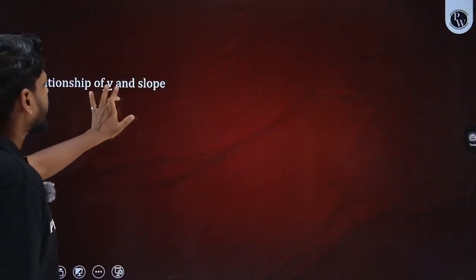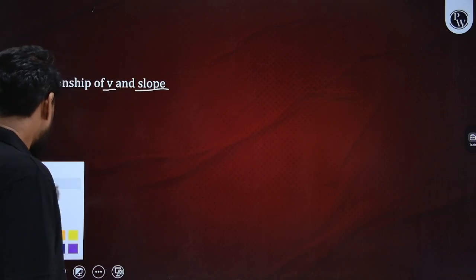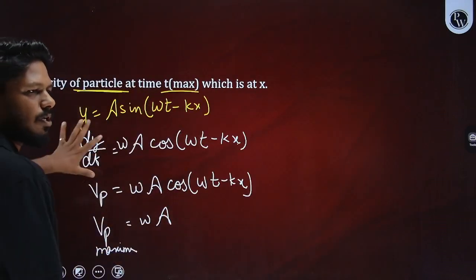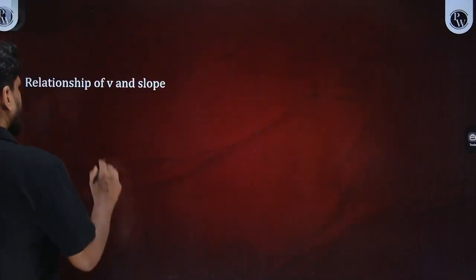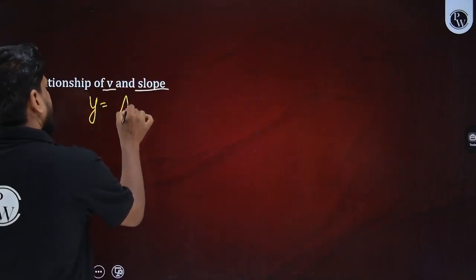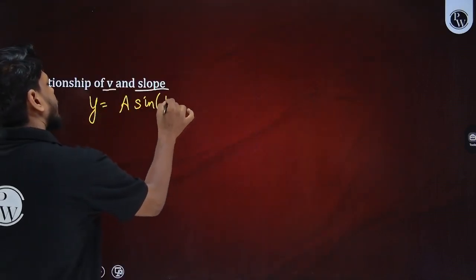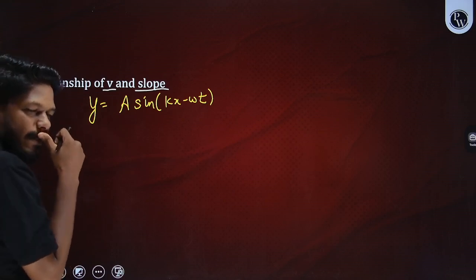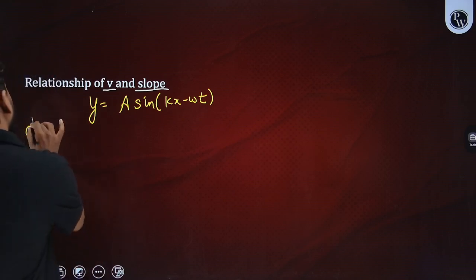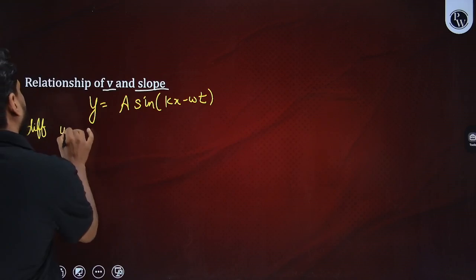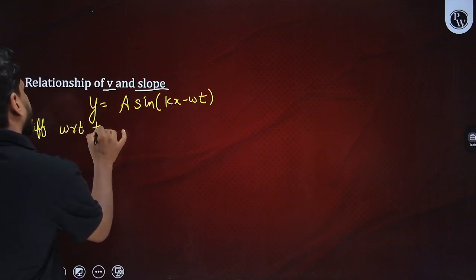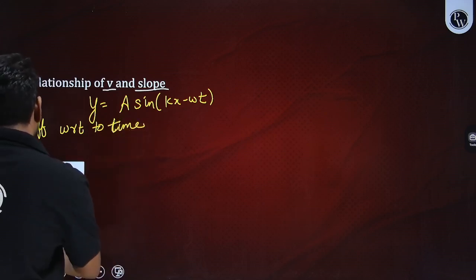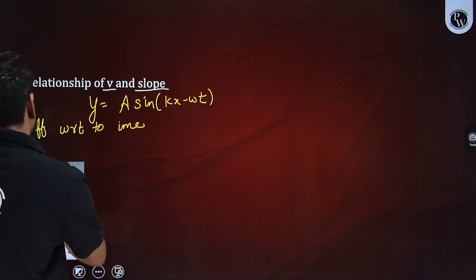What is the relationship between velocity and slope? If I take the same equation, a sin of kx minus omega t, and differentiate with respect to time, this differentiation we have already done twice, so I am not going to repeat it.